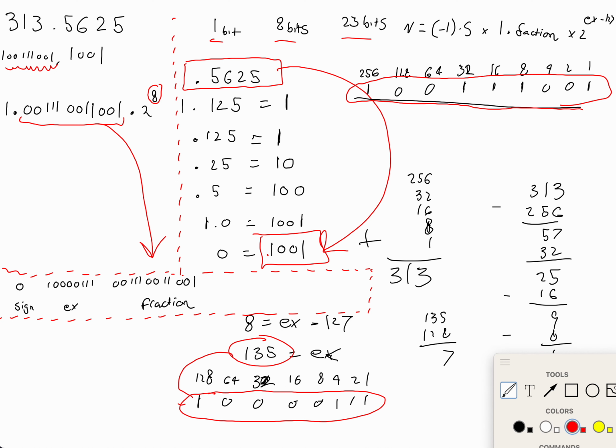So that's going to give us -1 times 0 times 1 point, times 2 to the, I'm going to just write this out as decimal just to make it sane, 2 to the 135 minus 127.